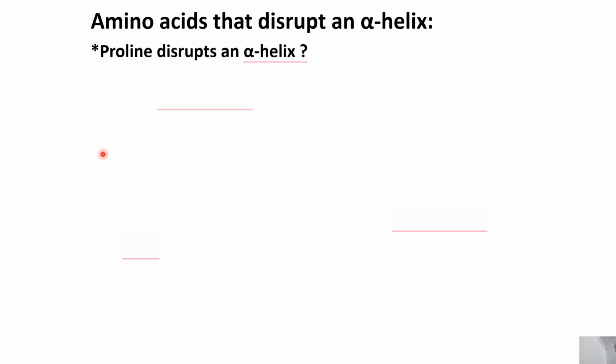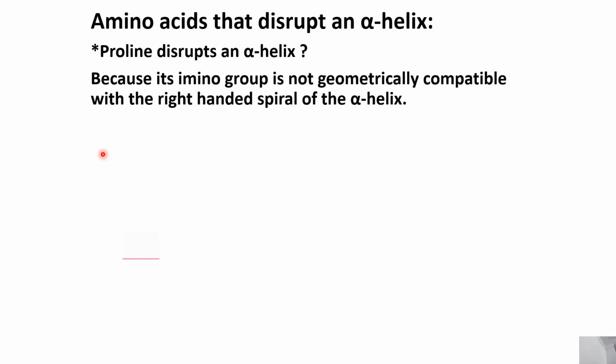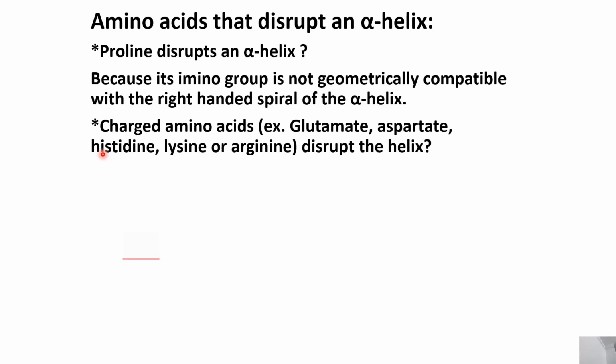Now, amino acids can disrupt an alpha helix. Proline disrupts an alpha helix because its amino group is not geometrically compatible with the right-handed spiral of the alpha helix.